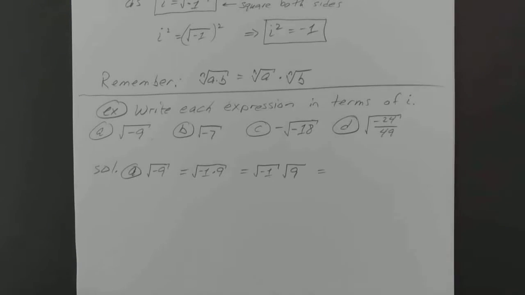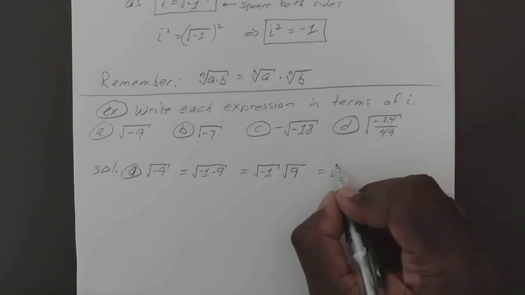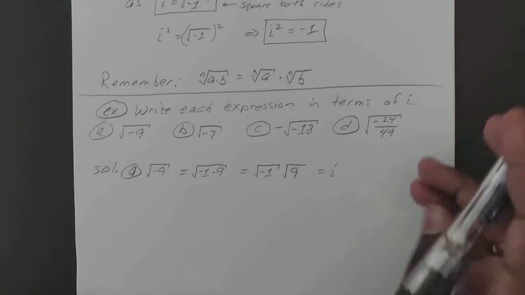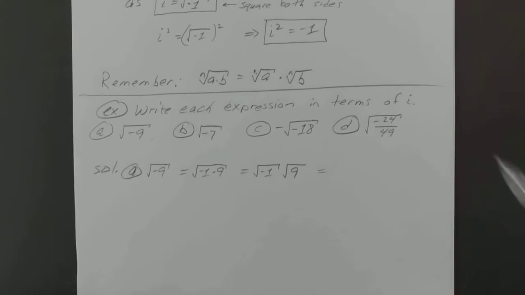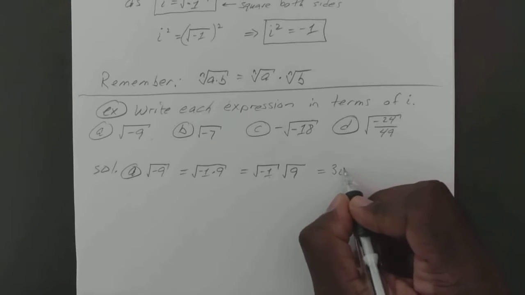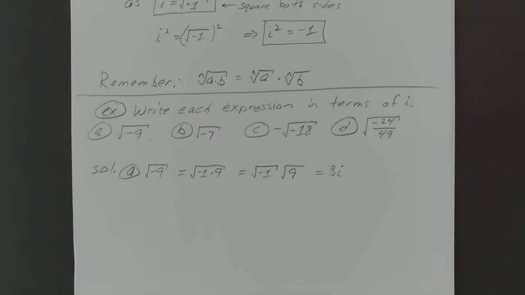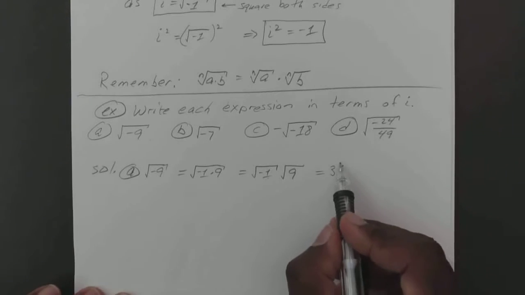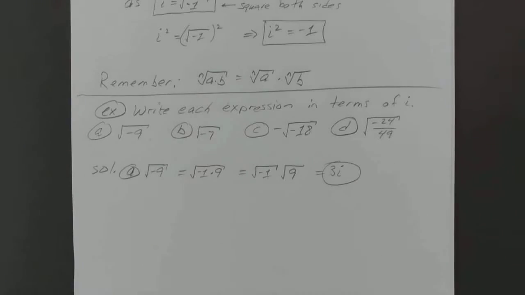The square root of -1 is I, so we replace that, and the square root of 9 is 3. Mostly you put the coefficient first, and then you put the I second. If you put it as I3, it's the same thing, but it's more commonly written like that. All right, so any questions on that one?